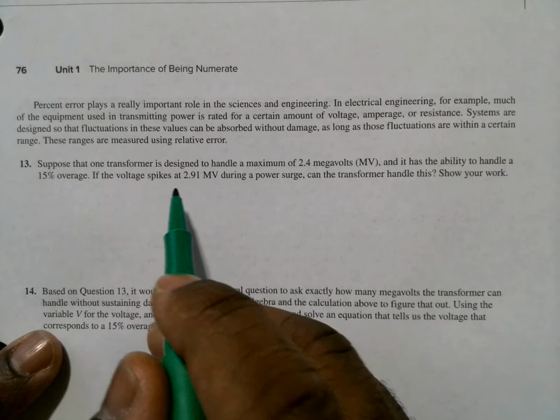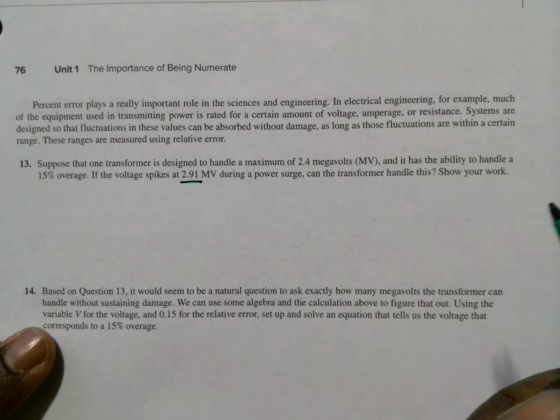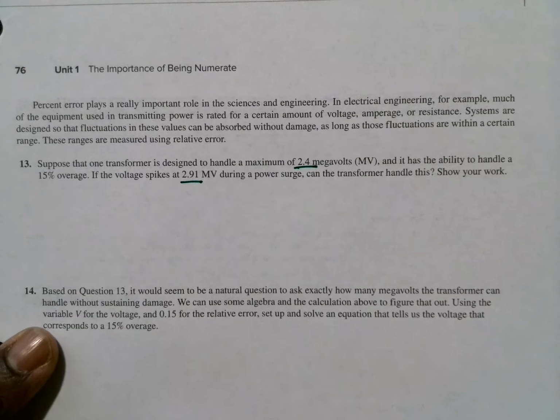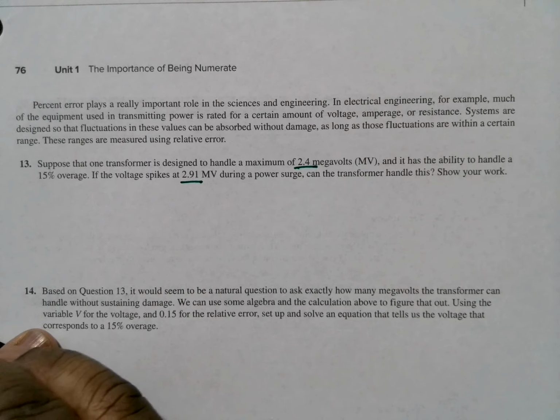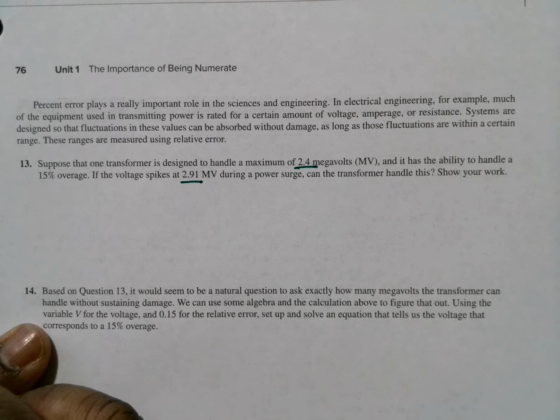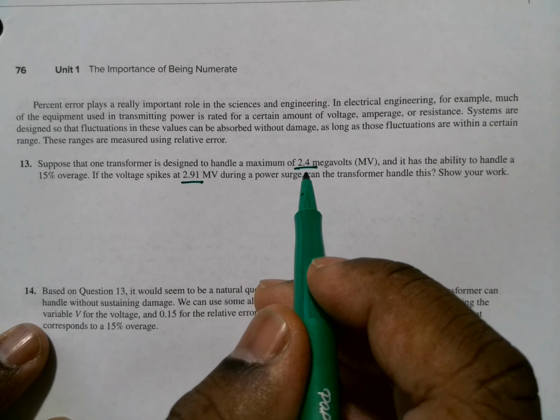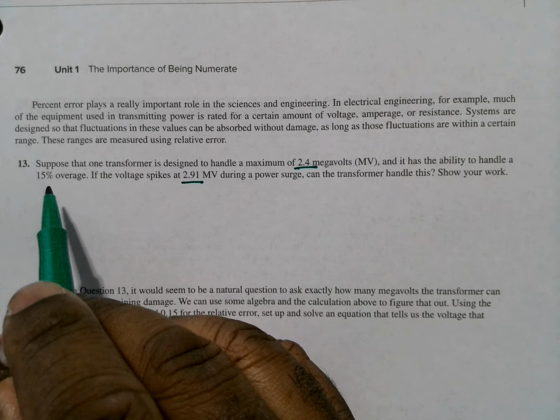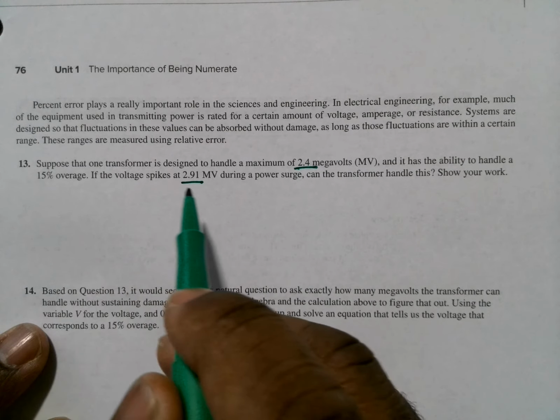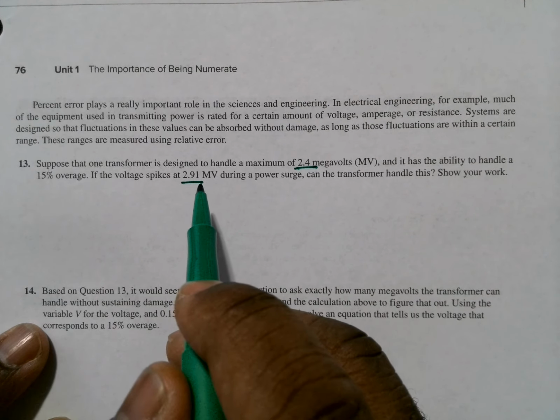We've got 2.91 and 2.4. So what we need to do is find the relative increase, because remember, the maximum is supposed to be 2.4, but it can handle a 15% overage. But the new value is 2.91.